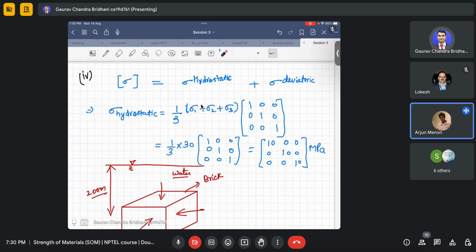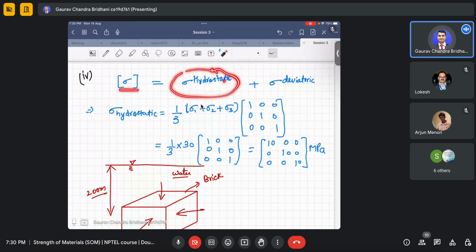Now coming to the deviatoric part. As you know, the hydrostatic part is remaining constant, but the deviatoric depends on the hydrostatic, which is invariant, and sigma, but this sigma is not invariant. It will vary; the representation will vary from one way to another. So the deviatoric may be different.